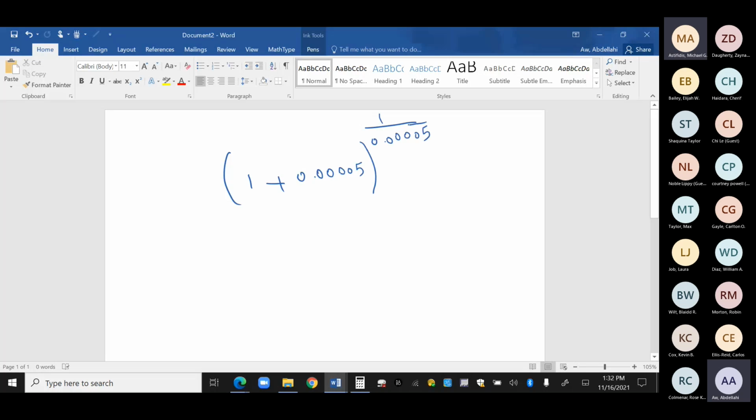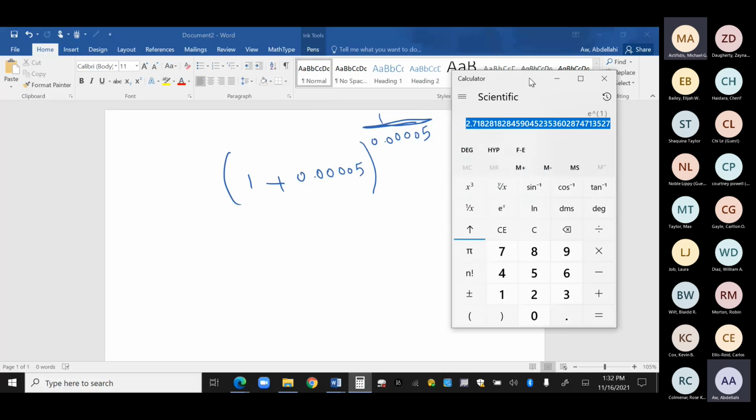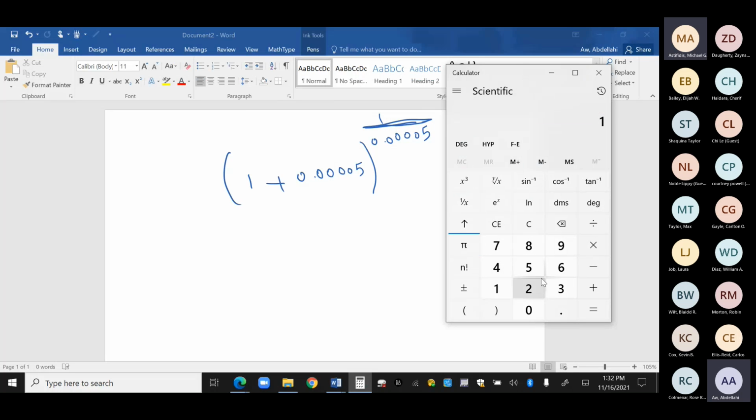Let's see what number this is going to give us.